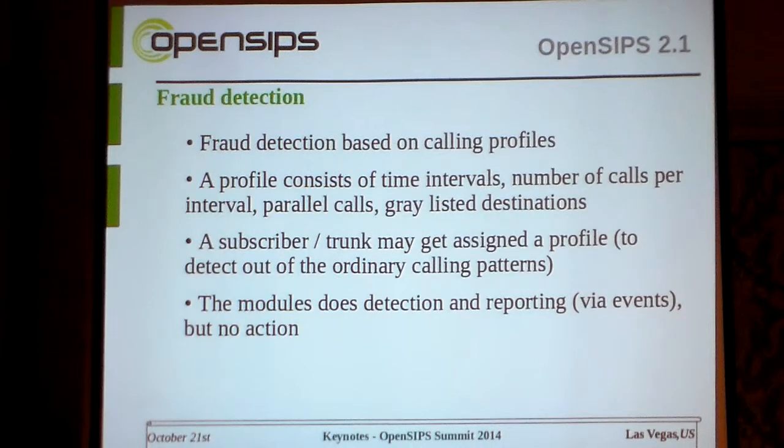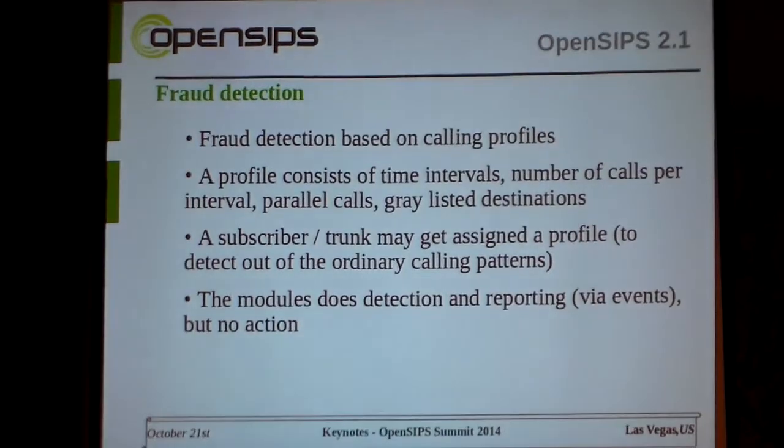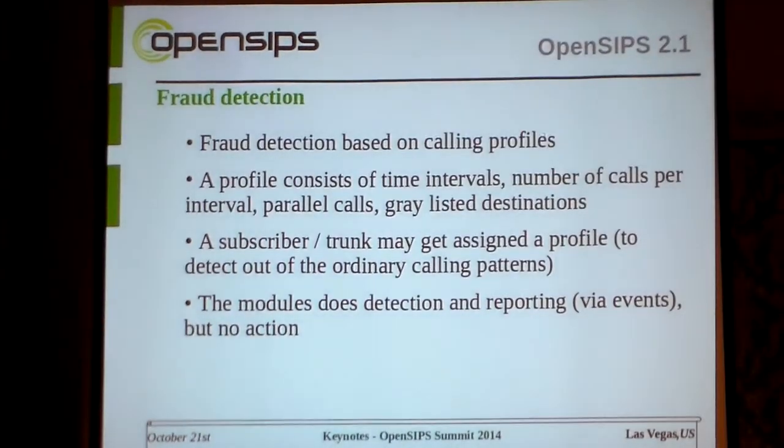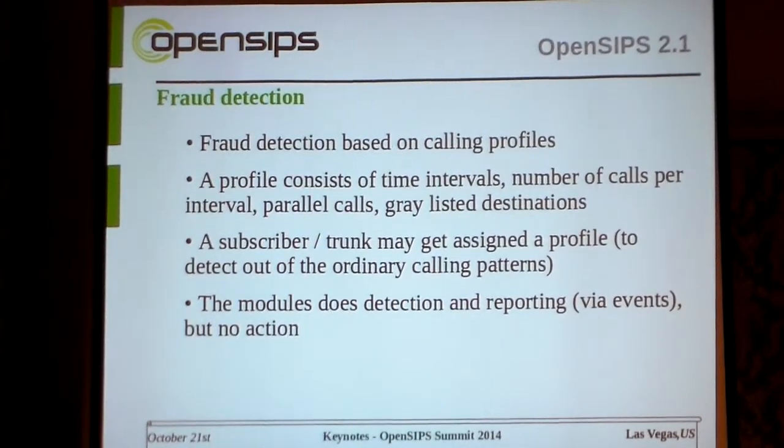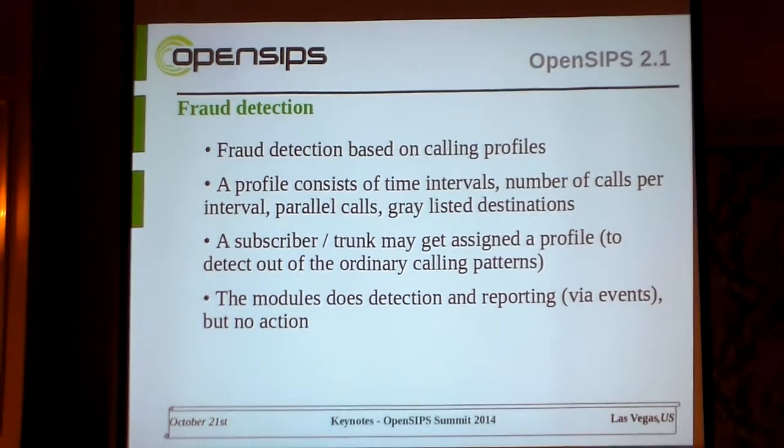what the working intervals are. If it's a company, it works from 8 to 6 p.m., whatever, and after that, it may be a suspicious call. So you can define such rules. Also about the number of simultaneous calls, or what the calling rate is.